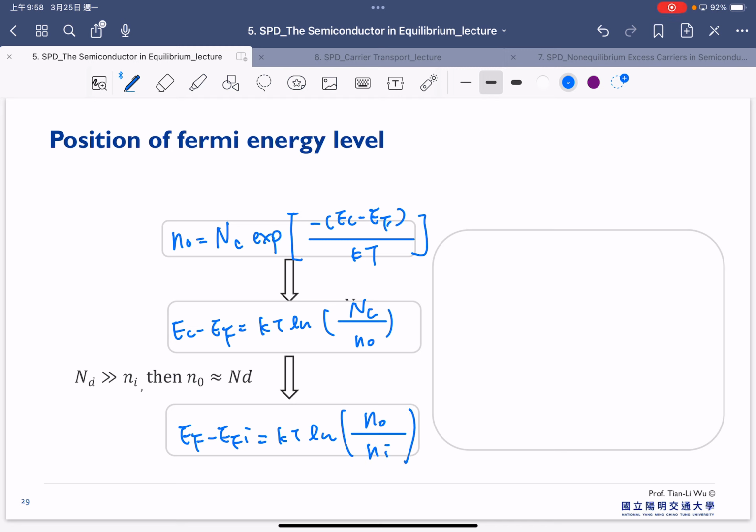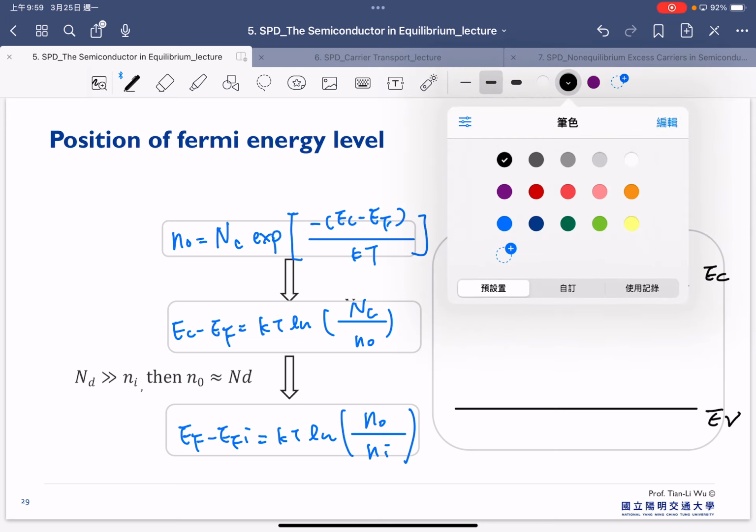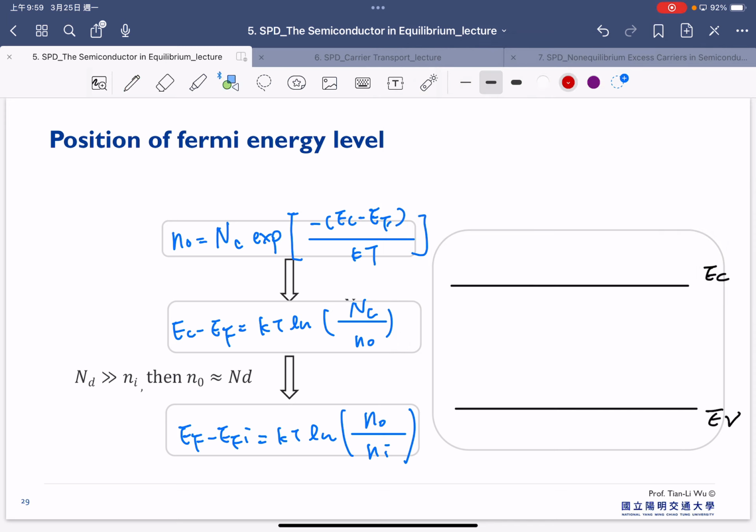So that means the position of our Fermi energy: we have the Ec and Ev, and then in the middle we have the EFi. And above the EFi we have the EF.